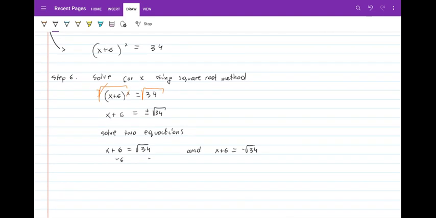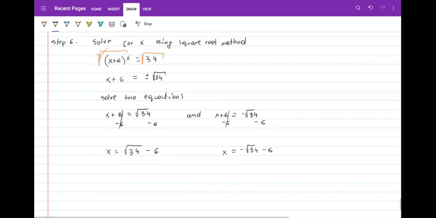So we subtract 6 from both sides, and we're getting x equals square root of 34 minus 6. And the second solution will be negative square root of 34 minus 6, because also we'll subtract 6 from both sides.